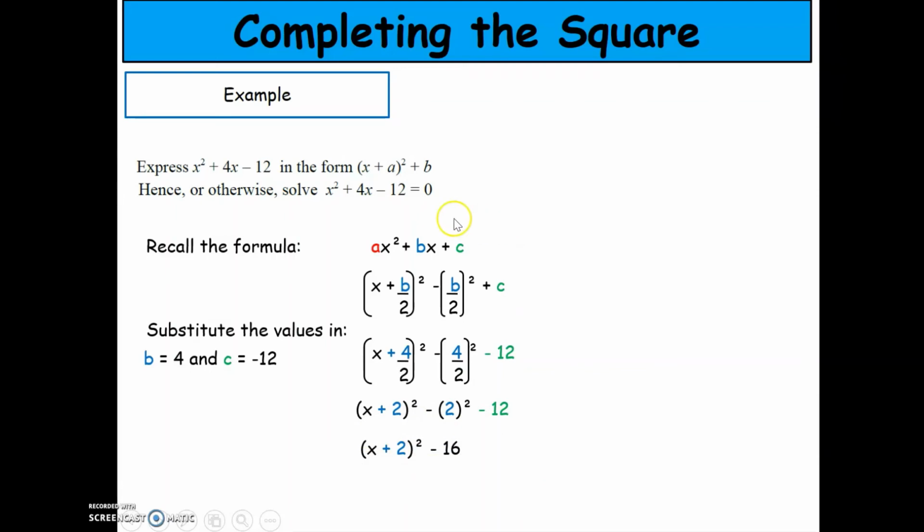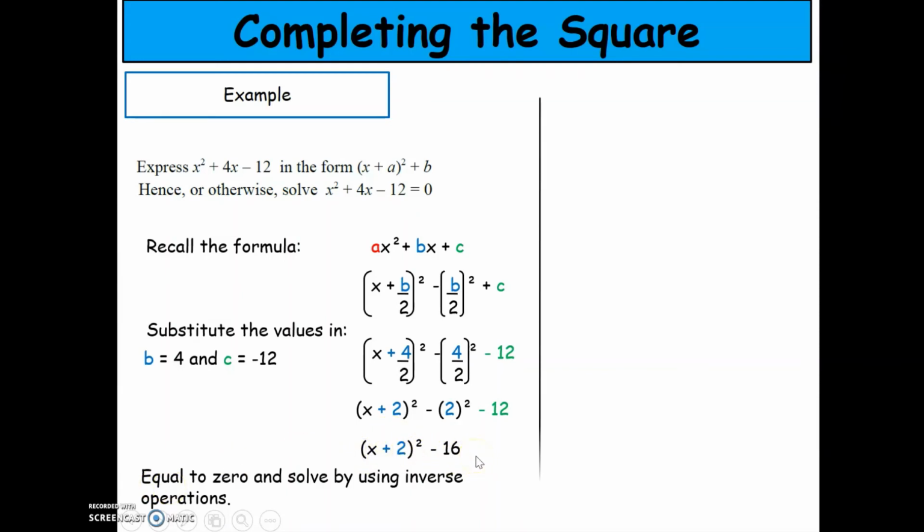Next, we would like to solve the equation. So what we are going to do, if we want to solve the equation, we are going to equal this to 0 when we are solving equations. So we equal our completed square form to 0, and we're going to start to rearrange.